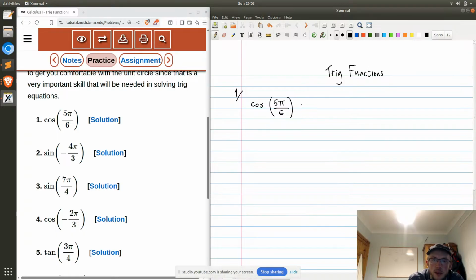Because what I think would be most convincing to most students is to just say what it is in degrees first, which is 150 degrees. And then to say to them, imagine the classic sinusoidal curve, and then you're 30 degrees before a trough. What is the value of that? So it's minus root 3 over 2.